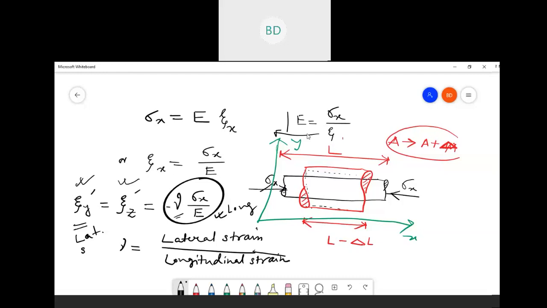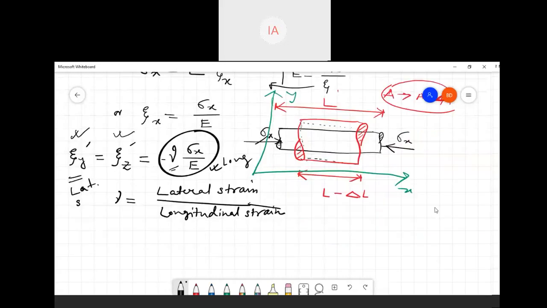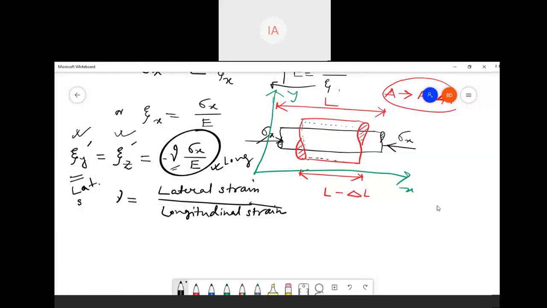Okay, clear? So lateral strain is your what? Sigma y, or you can write sigma z also, no problem. And it is your sigma x. So ultimately, what do you get? Now clear?